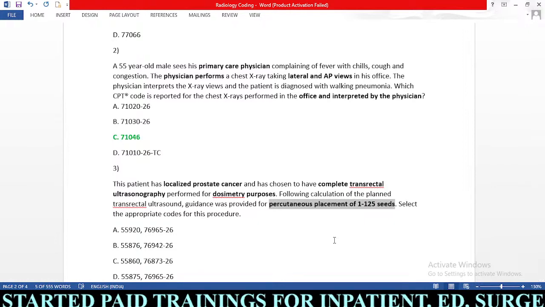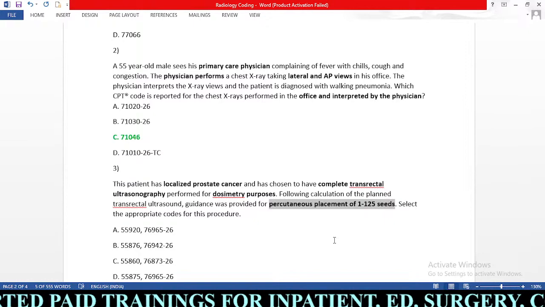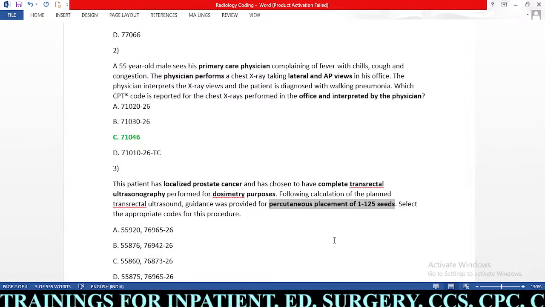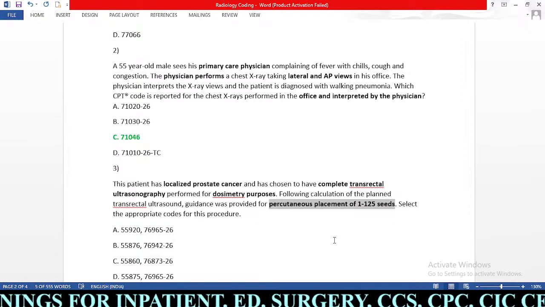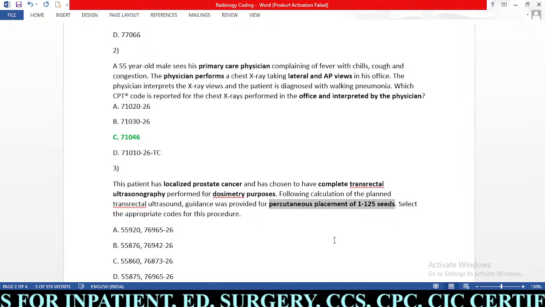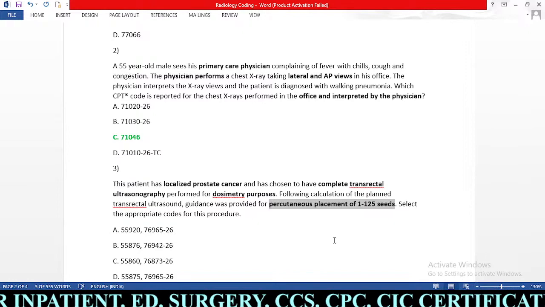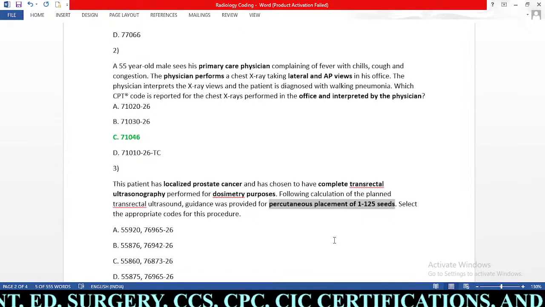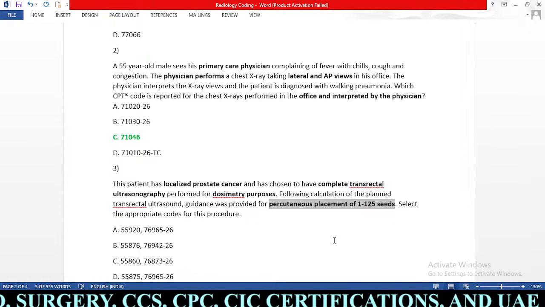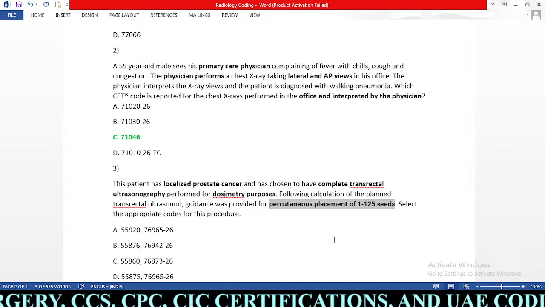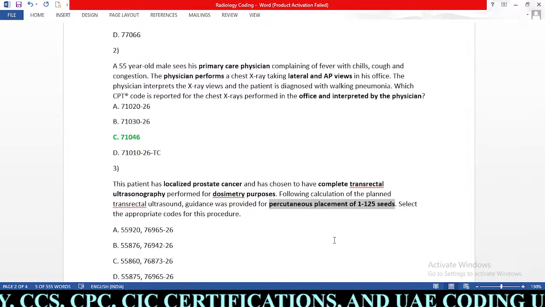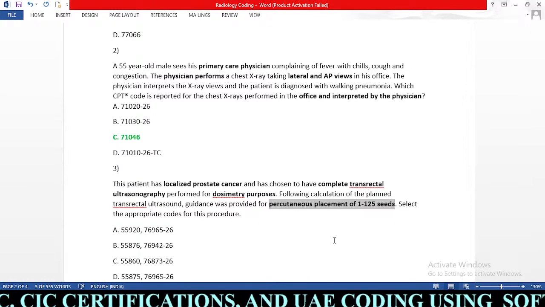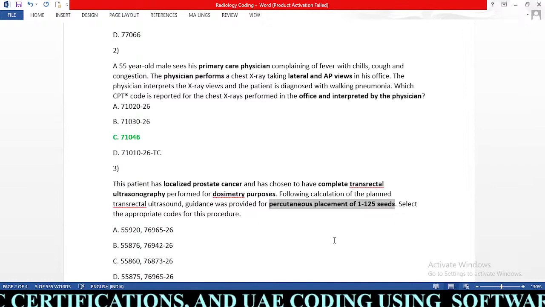So we will check 55920 first. What is 55920? Placement of needles or catheter into pelvic organs and/or genitalia, except prostate. Basically 55920 is for the same procedure but not for the prostate gland.